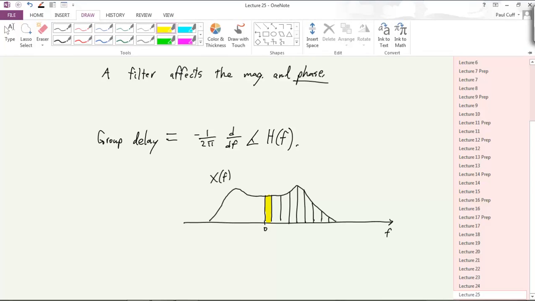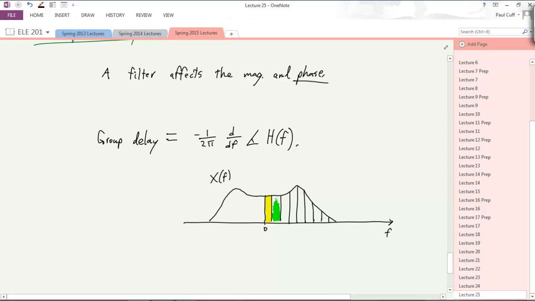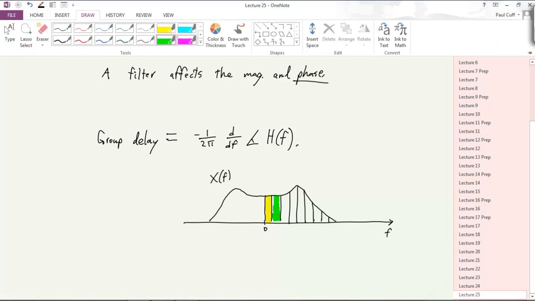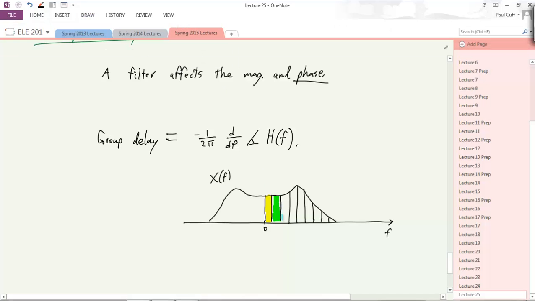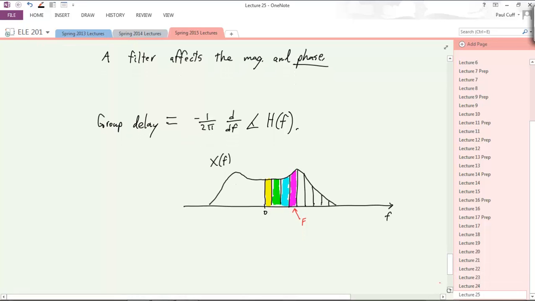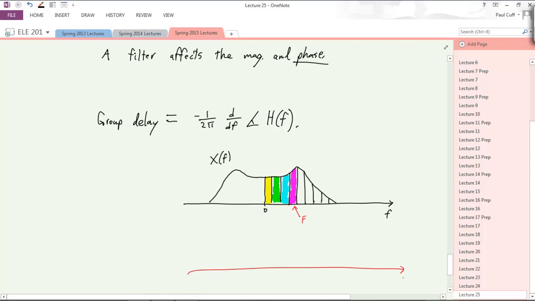So we divide up our filter this way. Notice that if we want to know how this filter affects a particular band, say a particular frequency where we have a signal that's only in that range, then we might as well assume whatever we want for the rest of the frequency band.